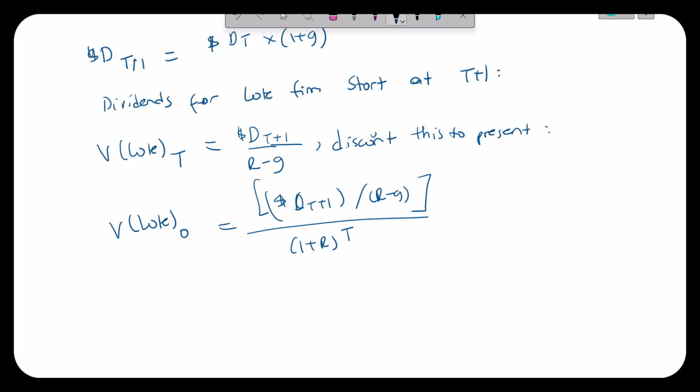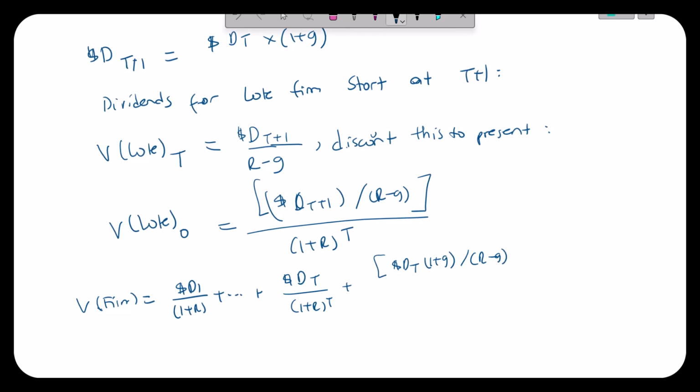So in a sense, the value of the firm, if you wanted to write the whole thing as a formula, you can have it.